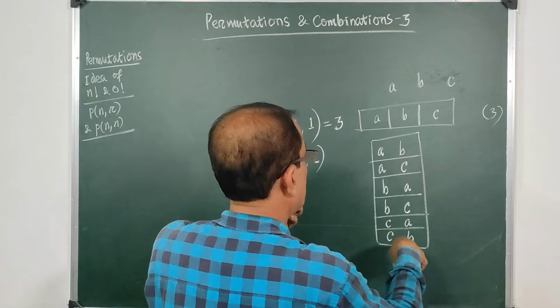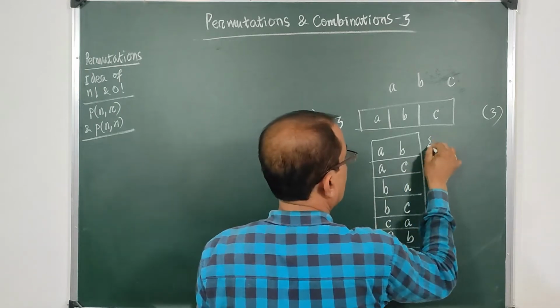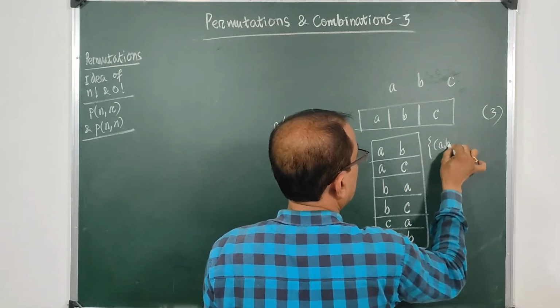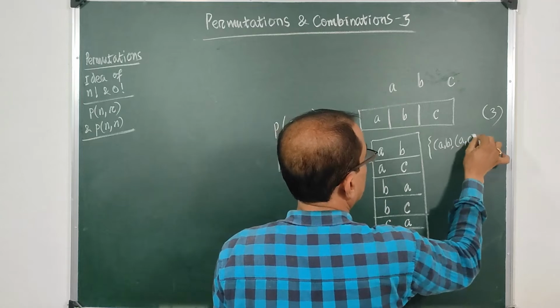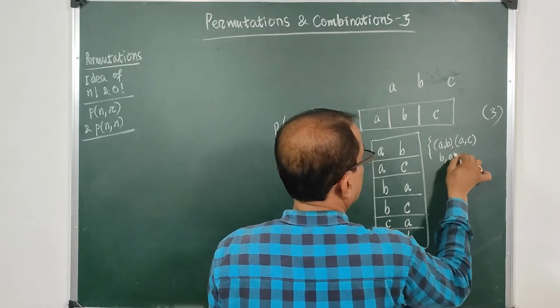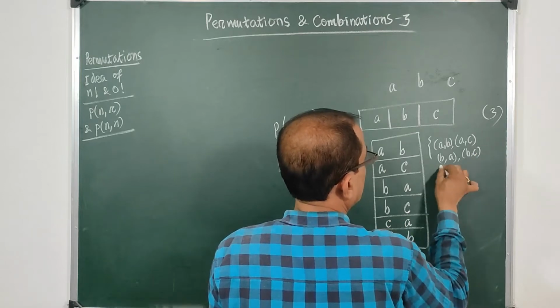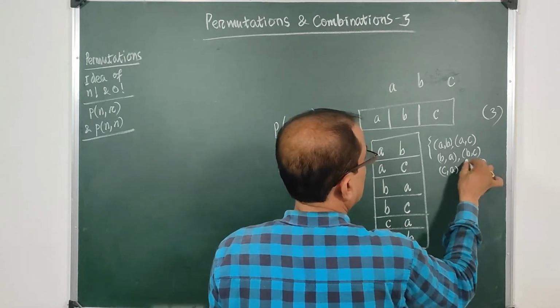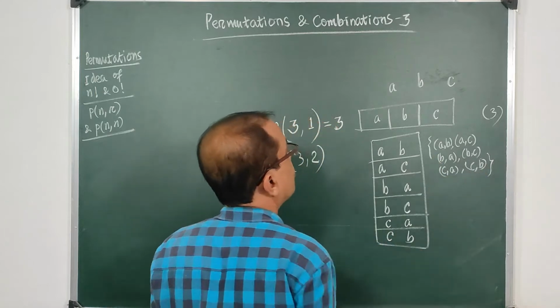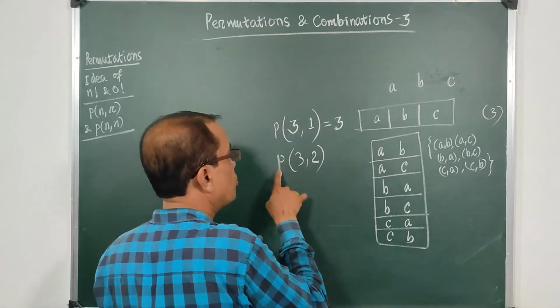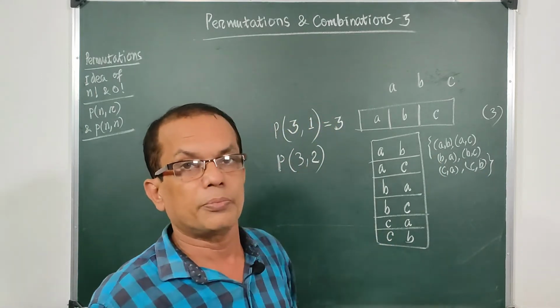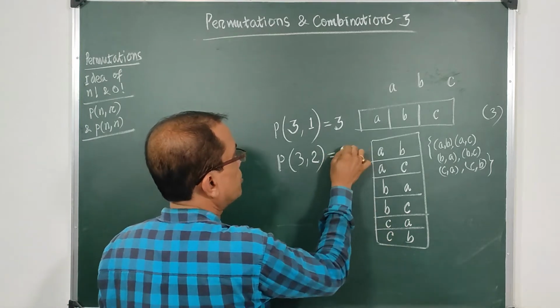So the total number of choices is 6. See, there are 6 in all. So P(3,2), permutation of 3 things taking 2 at a time, will be 6.